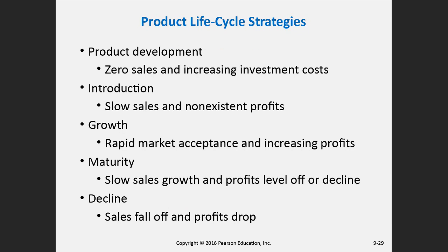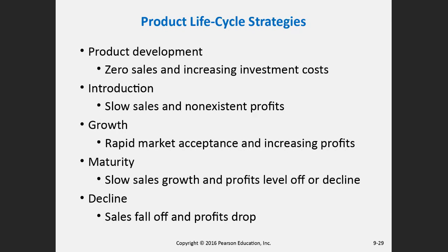So a little recap of things that happen. Product development, 0 sales, a lot of costs. You get a product, slow sales, small to non-existent profits. People start, it fulfills a need and it's good, so it exists past that intro stage.